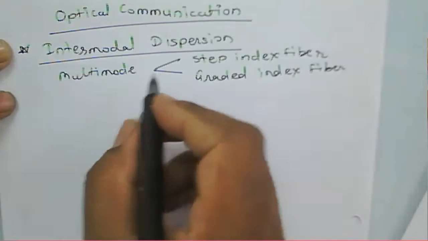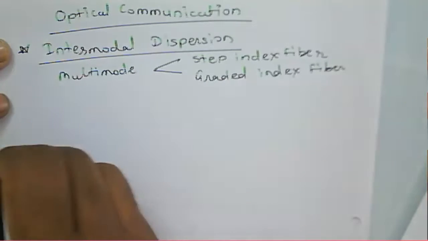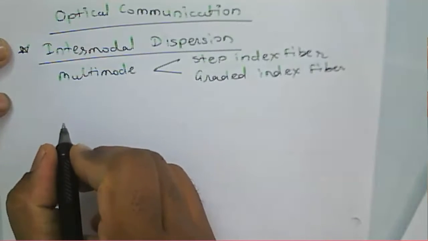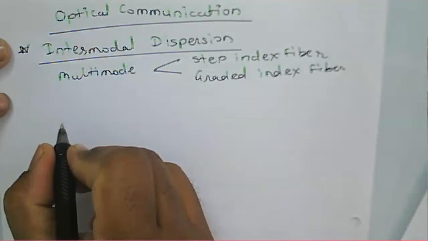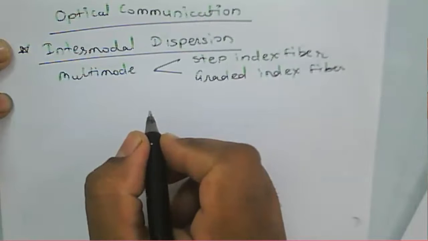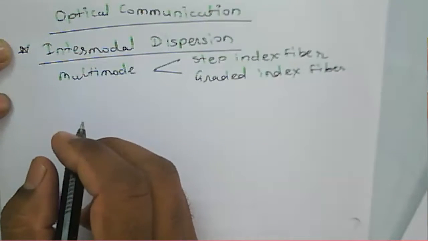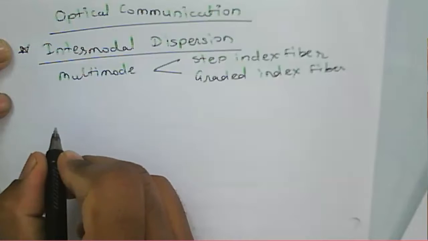Now, if you recall, dispersion is nothing but what? A pulse broadening. And in intermodal dispersion, pulse broadening occurs because of the propagation delay difference between the modes within a multimode fiber.